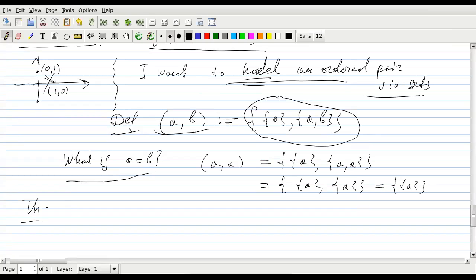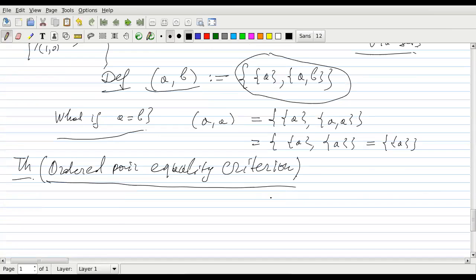The following statement holds. Let's call it the ordered pair equality criterion. For every A, B, C, and D, these pairs are equal if and only if... So please, what do you think about it?